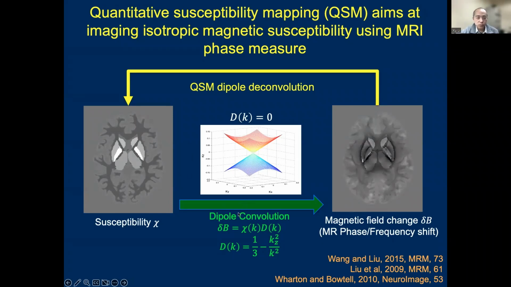The relationship between the susceptibility source and its induced magnetic field change, or the phase measurement, can be described as a dipole convolution formula. By solving this dipole deconvolution, we can then estimate the susceptibility sources. It should be noted that in QSM, we assume the tissue magnetic susceptibility is always isotropic.